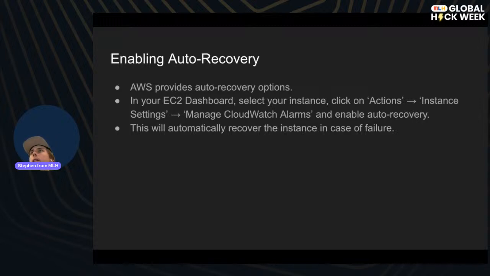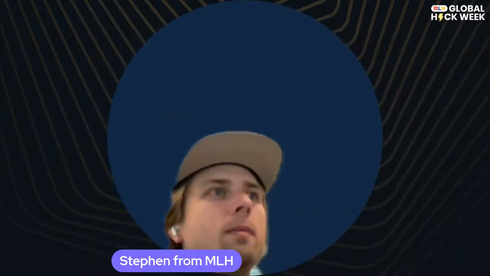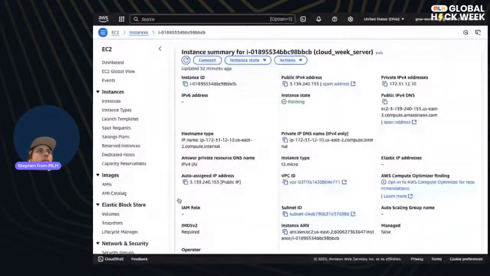So let me grab my notes up because I have my notes on how we're going to do this. I'm going to pull up our AWS console. All right, so we're in our AWS console. We're looking at EC2.